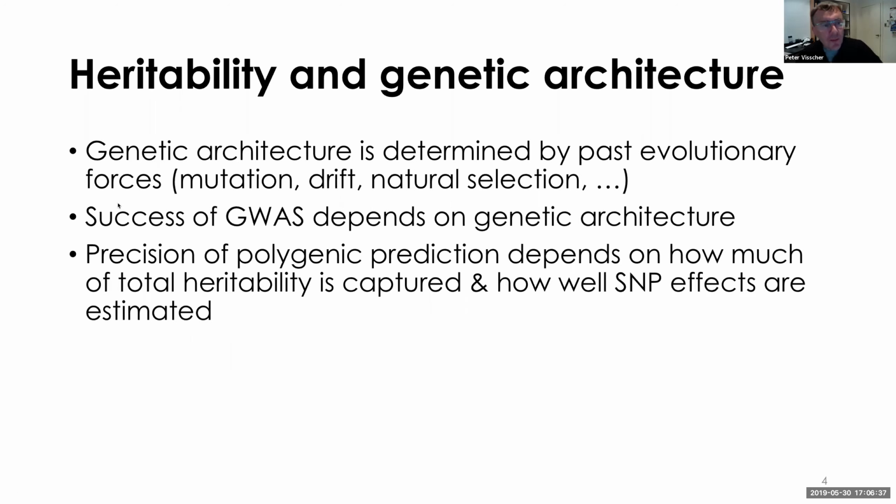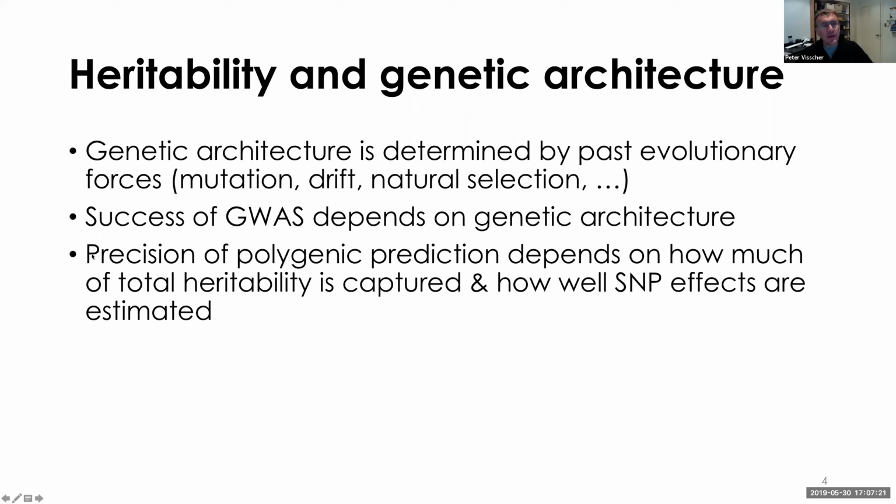So these may be some very obvious statements, but I'd like to go through them nevertheless, because they put our study in context. The first is that genetic architecture, which we can define as the joint distribution of effect sizes and allele frequencies, is actually determined by past evolutionary forces, such as mutation, genetic drift, natural selection, and gene flow, etc. And the success of genome-wide association studies, at least how they have been conducted to date, which is with SNP arrays, really depends on what the unknown genetic architecture for our traits actually is.